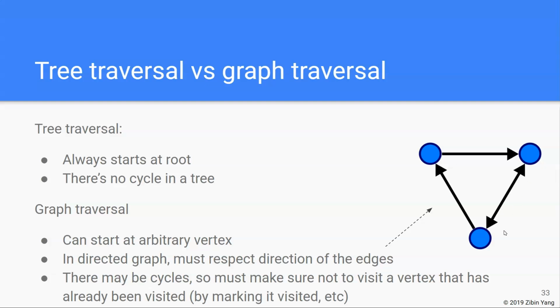So in order to terminate traversal in a graph, we have to, for example, remember the vertex or the vertices that we have visited and not visit them multiple times. So it is a little more complicated, but by and large, the ideas that we just learned in tree traversal can apply to graph traversal.